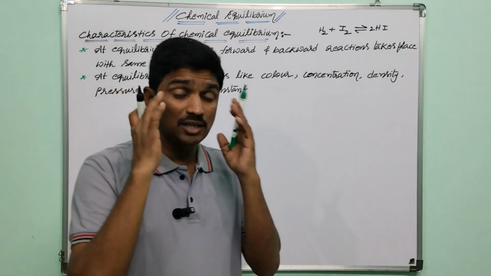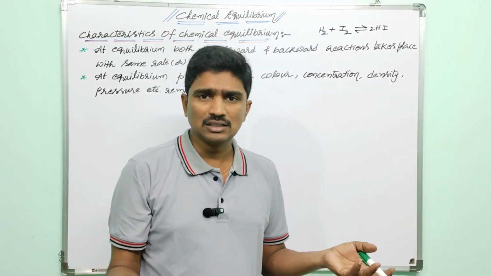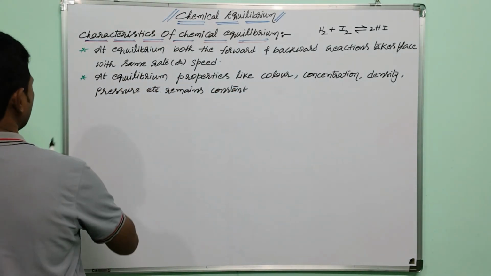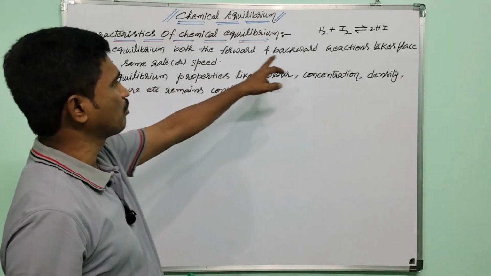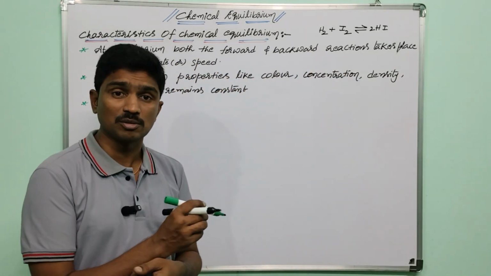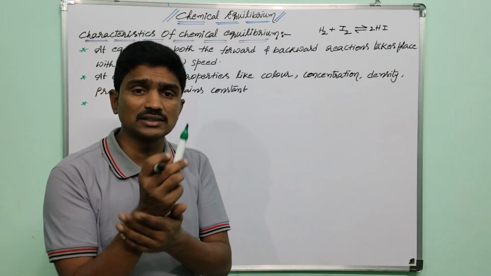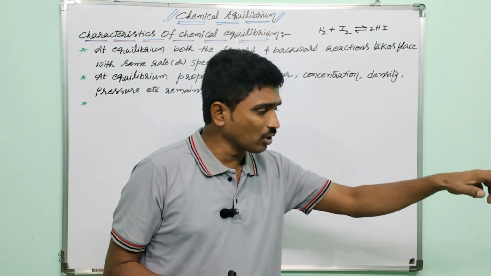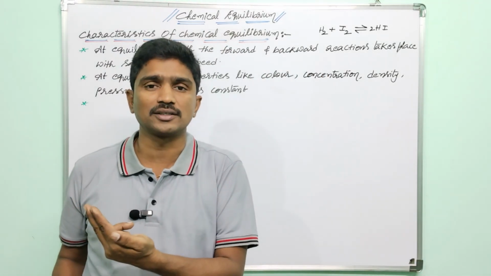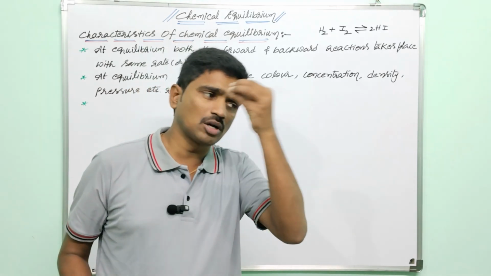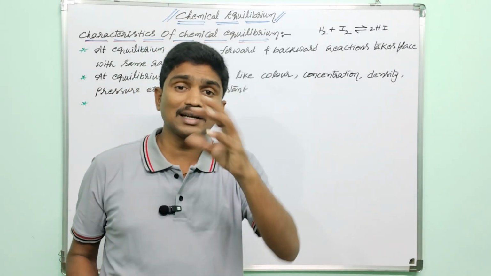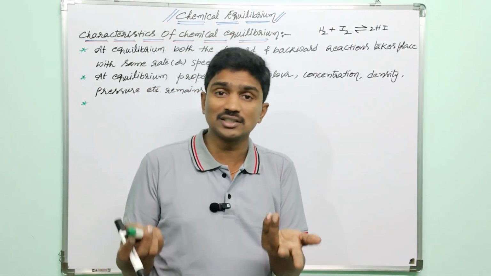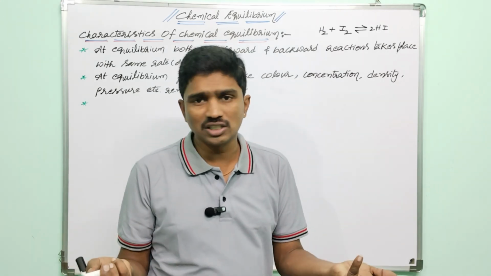It means the reaction seems to be stopped because nothing is changed. Clear? But we can say one thing. At equilibrium, both the forward and backward reactions take place with the same speed. It means the amount of reactants converting into products is exactly equal to the amount of product consumed to give reactant. Nothing but the number of reactant molecules converted to products is exactly equal to the number of products converted back. It means there is no change in the concentration, so there is no change in color.